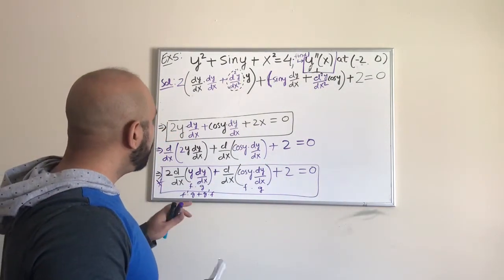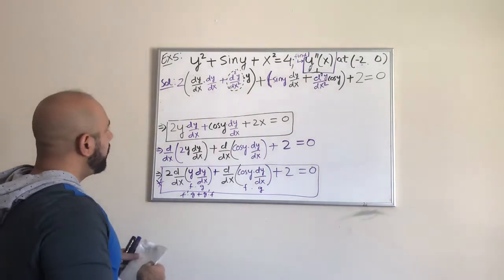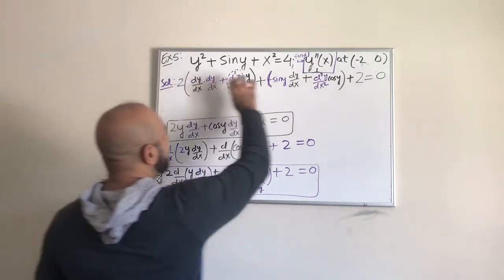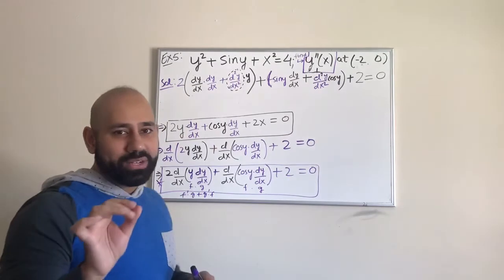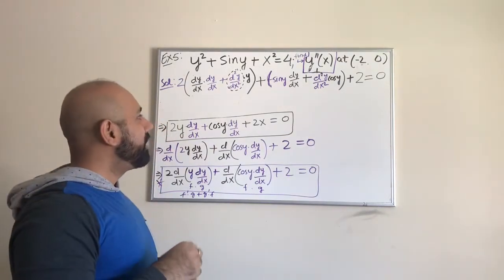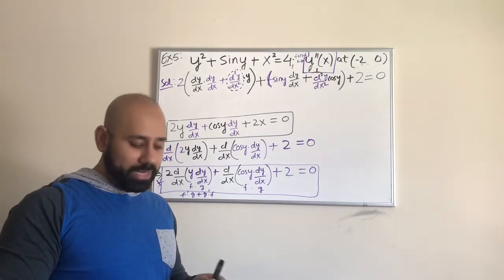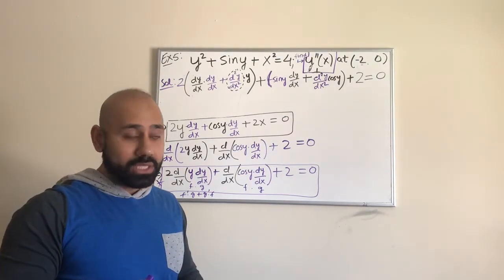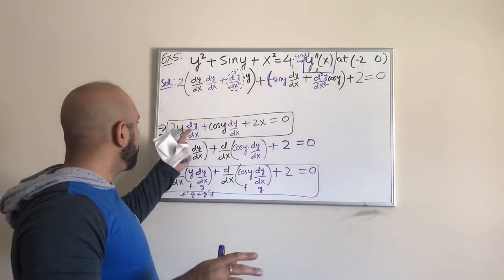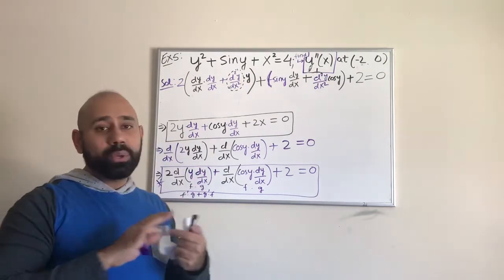So what I'm going to do is, first of all, write this in a slightly more user-friendly way, which is instead of writing dy over dx or d2y over dx2, I'm going to replace those by prime notations. If you wanted to start here with the prime notation, I have no problems with it.